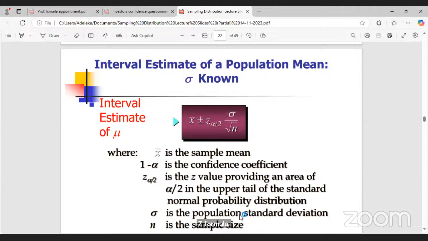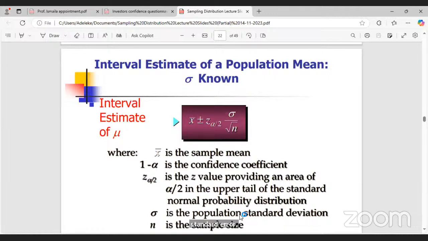Look at what you have on the screen. You see that sigma over root n. That sigma over root n is called the standard error.